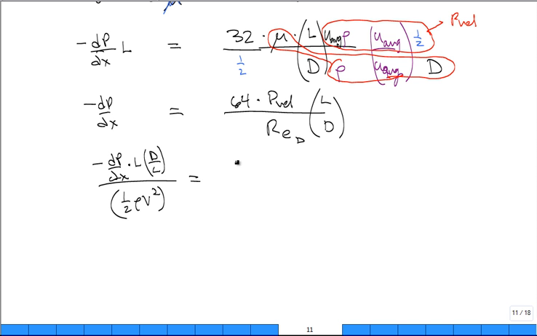That's equal to 64 over the Reynolds number. Yeah. There is another L in the second, this one right there. That's right? Yeah. Okay, so we're there.